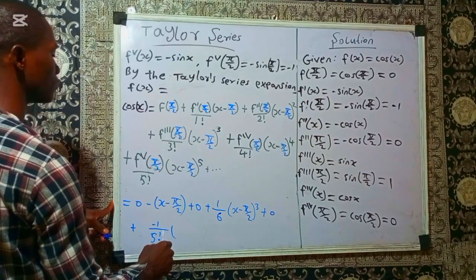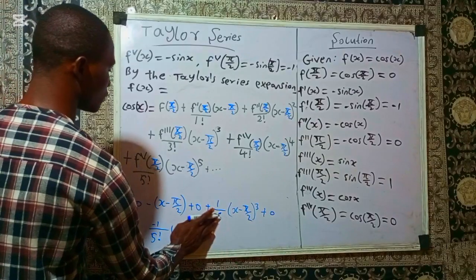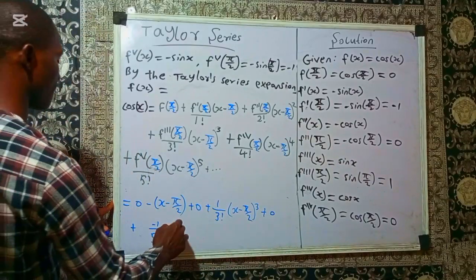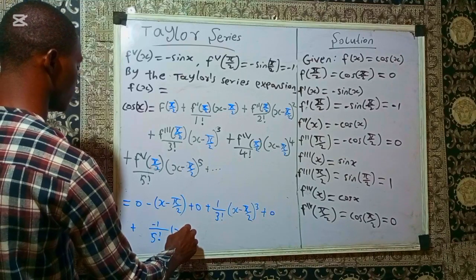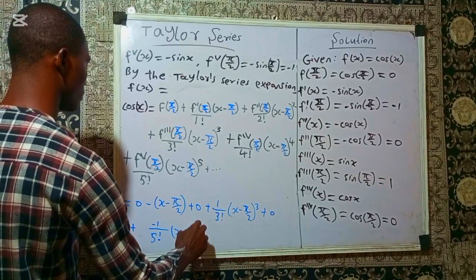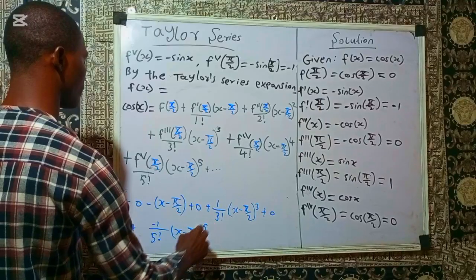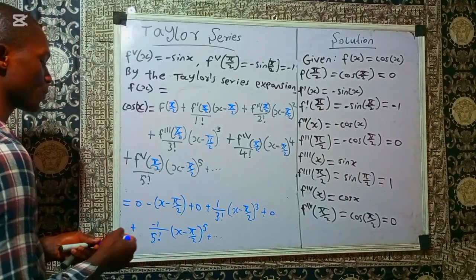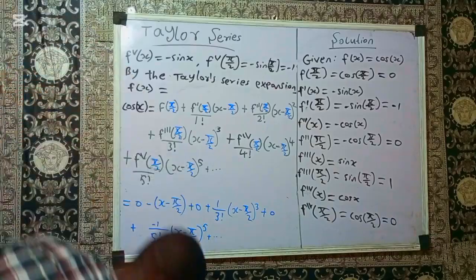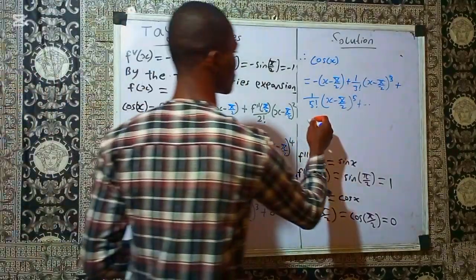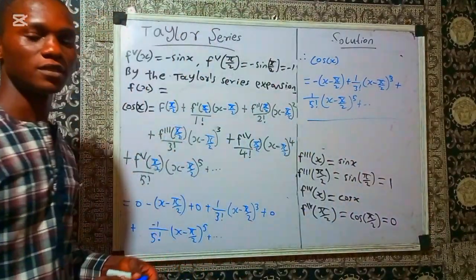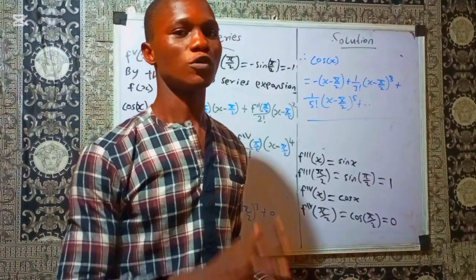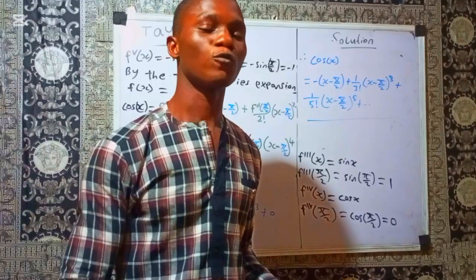Then multiplying x minus pi over 2 all raised to power 5. Then plus dot dot dot. But they told us to stop at 5. So we'll stop at 5 there. So this is the required Taylor series expansion of this function cos x about x equals pi over 2.